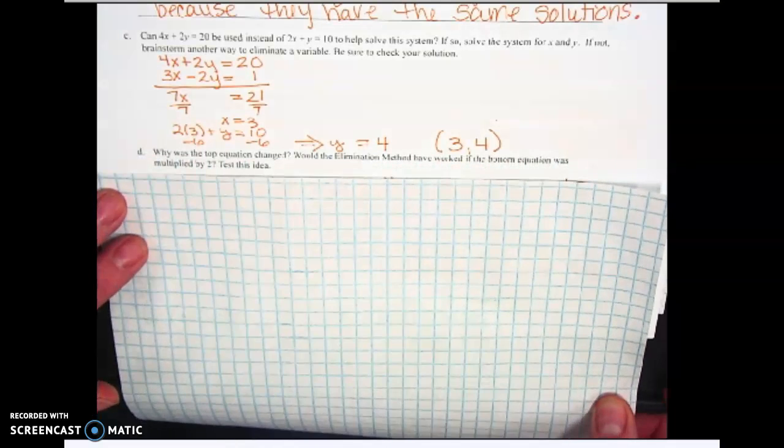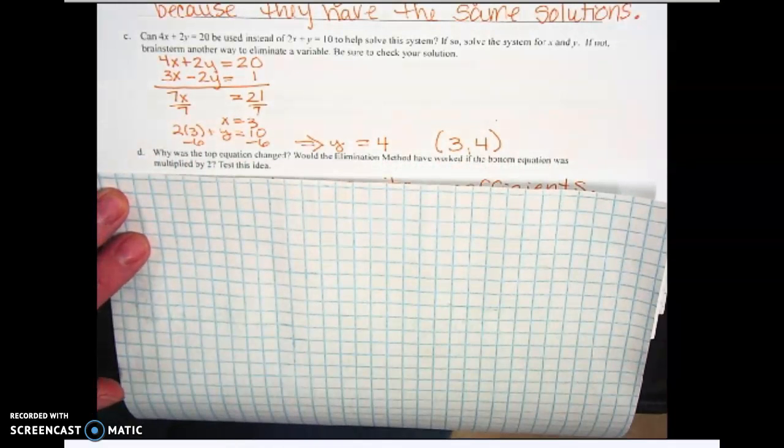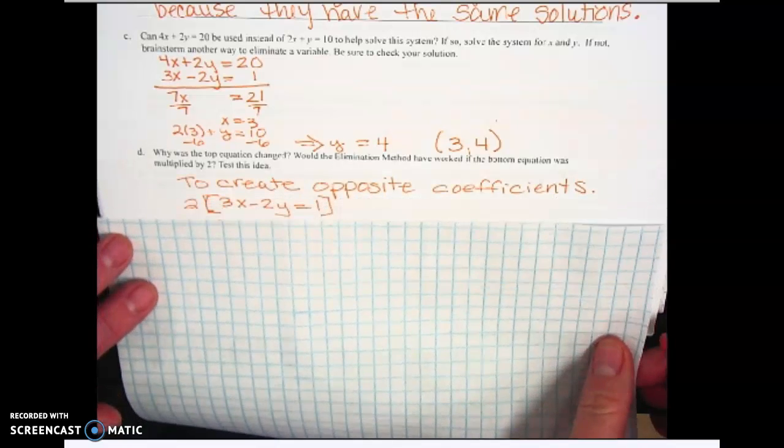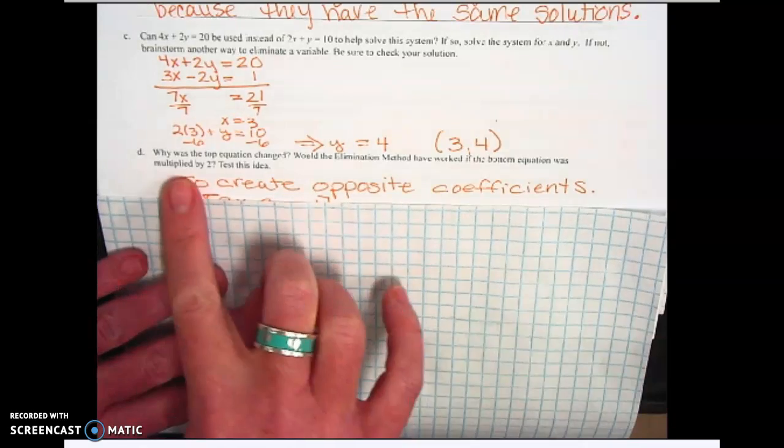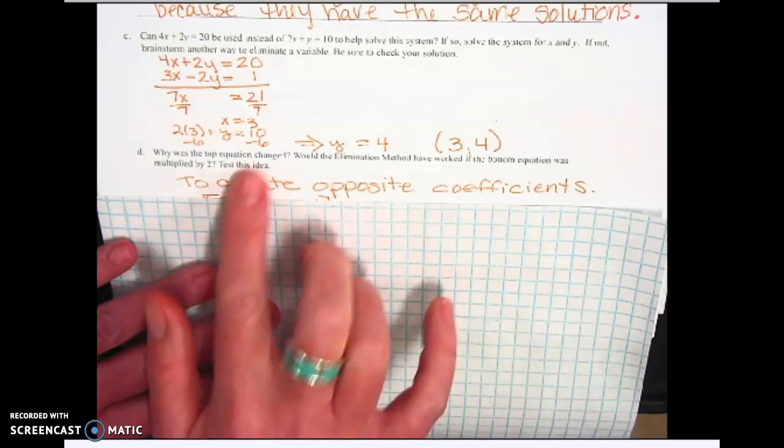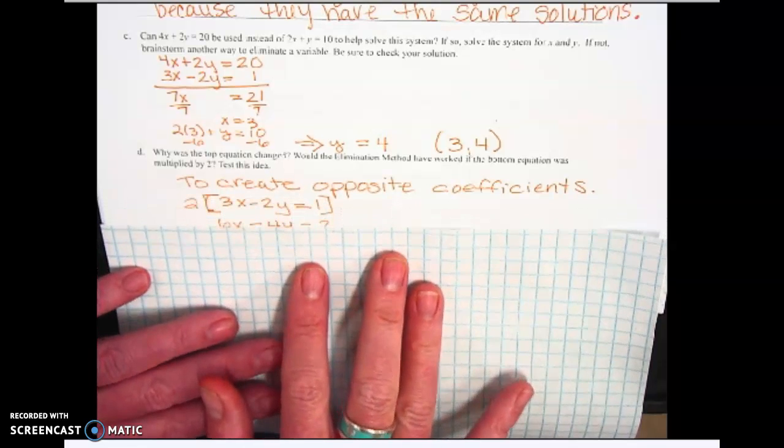Part D says, why was the top equation changed? Would the elimination method have worked if the bottom equation was multiplied by 2? Test this idea. The top equation was changed to create opposite coefficients.